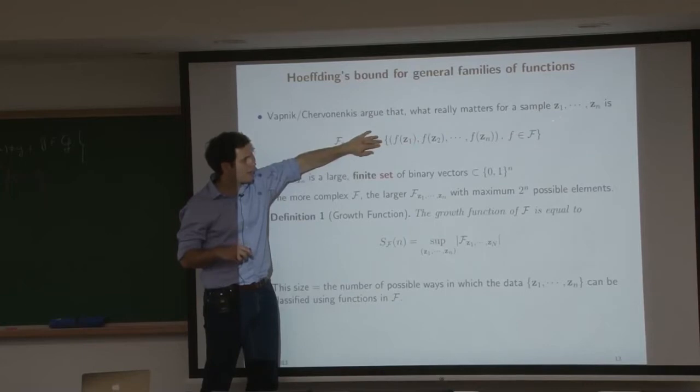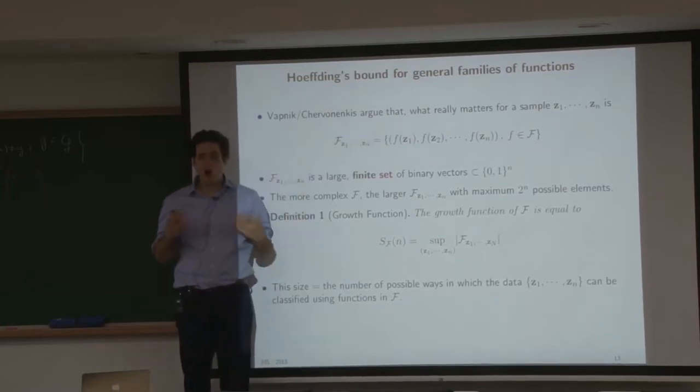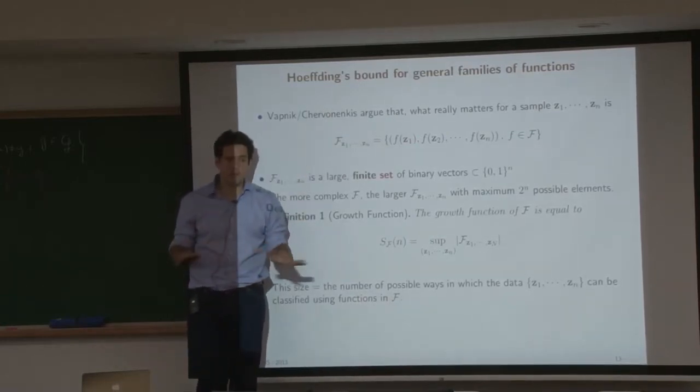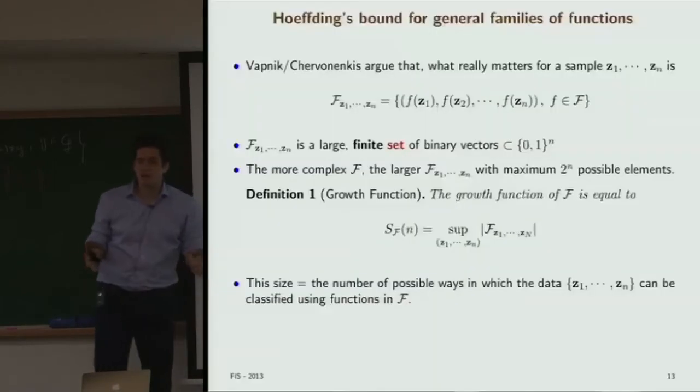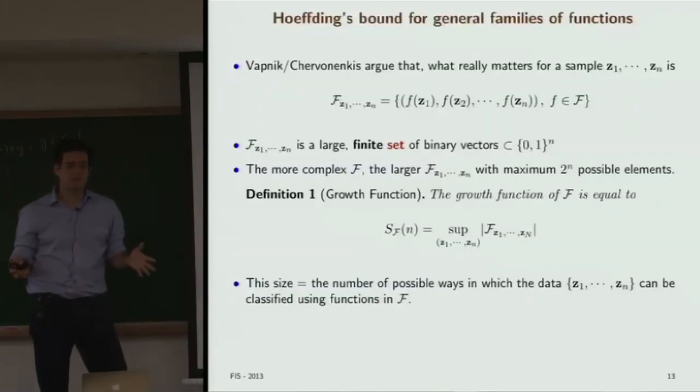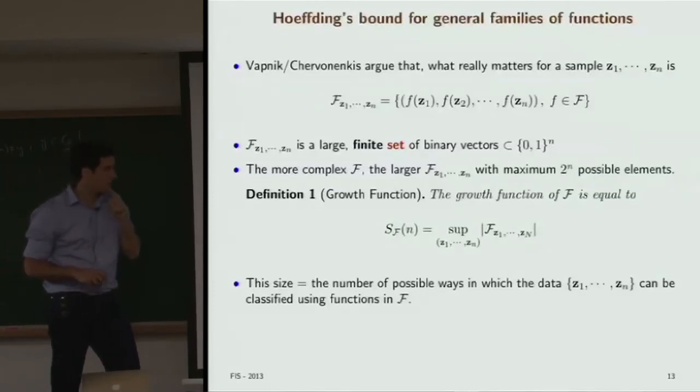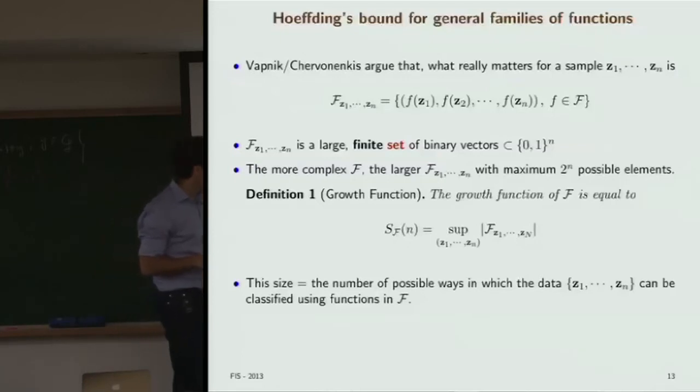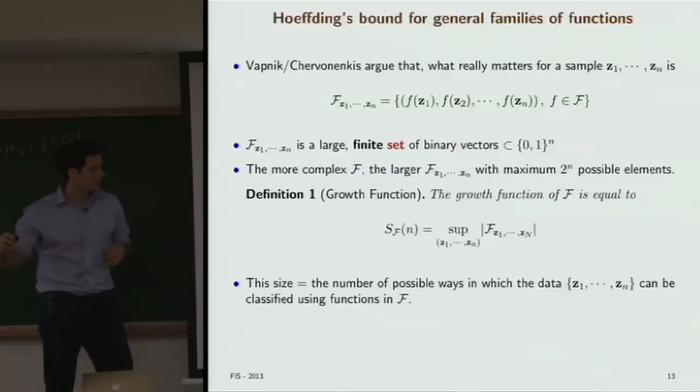Now, take the set for all possible functions, all of them. What you get is a set of binary vectors of size n with elements 0 and 1. So the first thing that you can say is that the set of these vectors is usually a large, finite set of binary vectors in {0,1} to the power n. Okay?